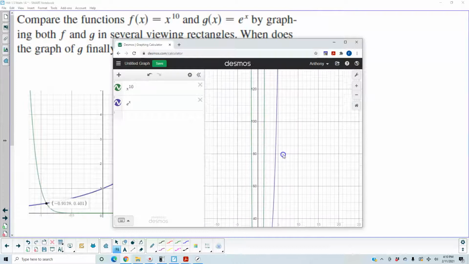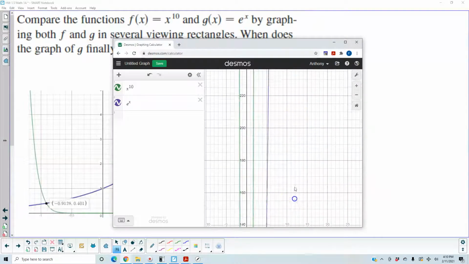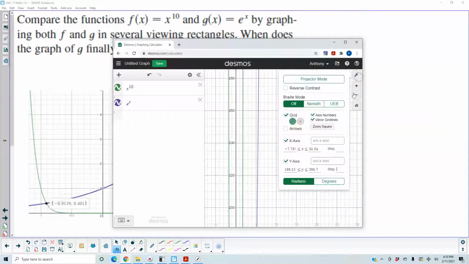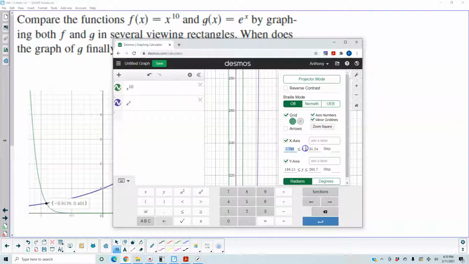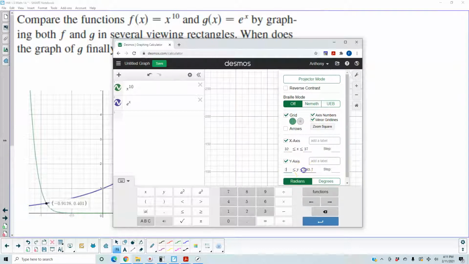By doing so, we can see that something's going to happen all the way at the top here. So it looks like we're going to have to go a little further. Rather than keep trying to scroll here, let's say maybe we're going to go to 32 to 37 on our x-axis. And then we can go from 0, and then maybe let's go to 1 times 10 to the 12.